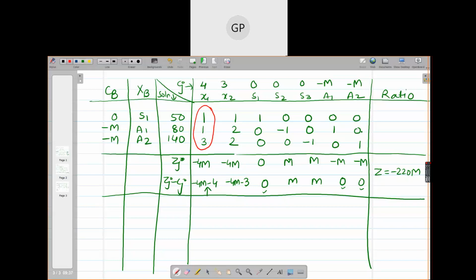Now let us calculate the ratios. So 50 by 1, that is 50. 80 by 1, that is 80. 140 divided by 3, how much is it? Correct?